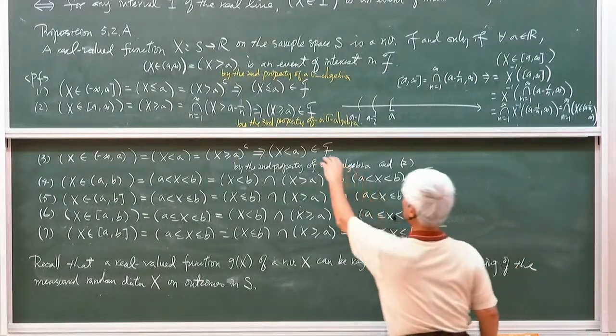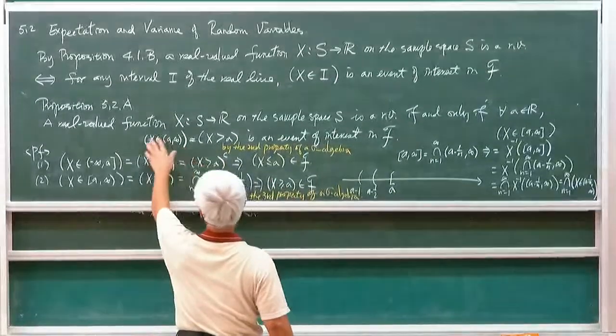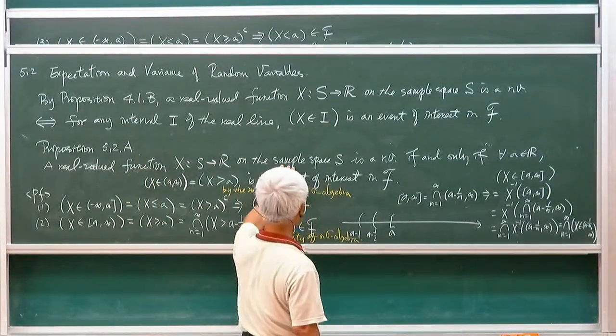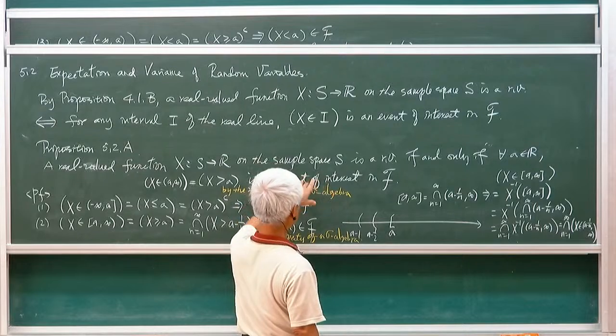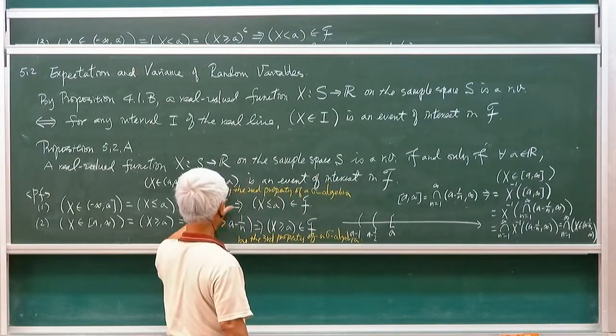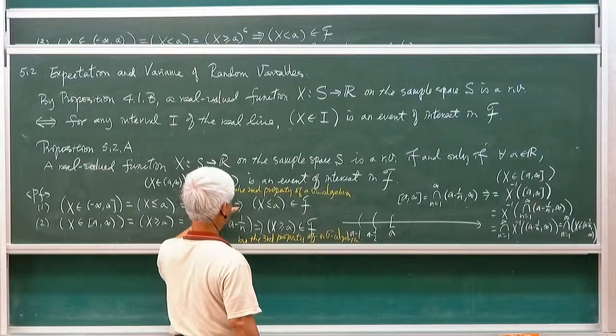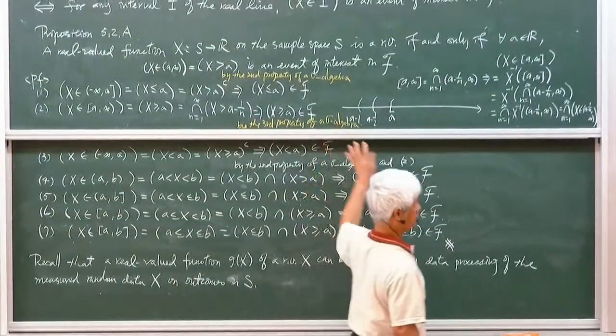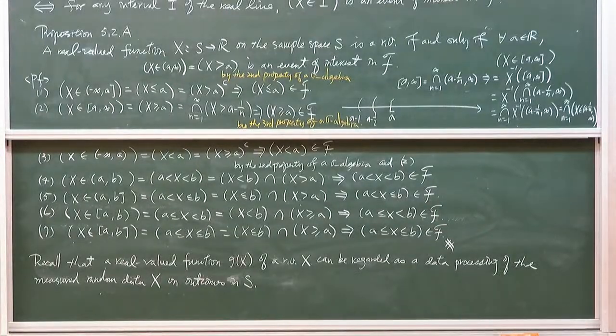From this proposition, this composite function is a random variable if and only if this subset of the sample space is an event of interest in F.